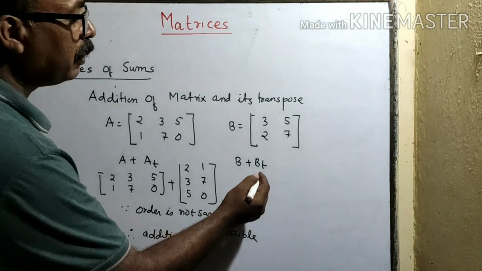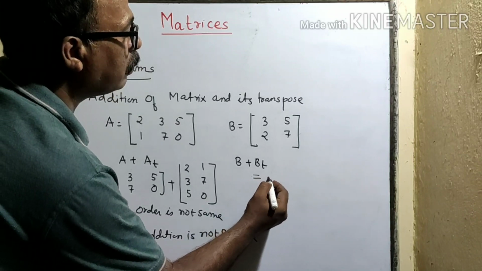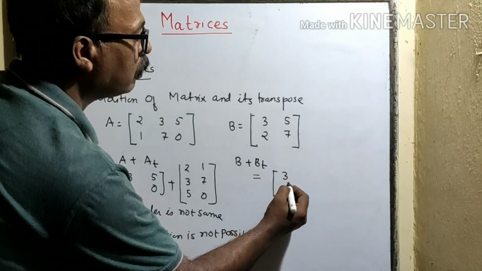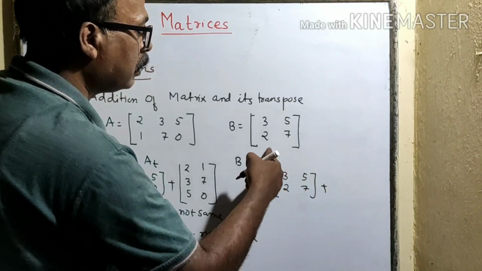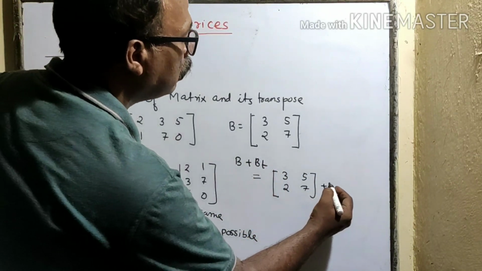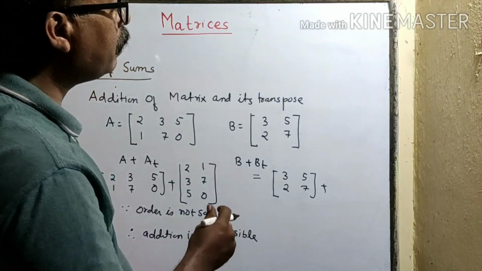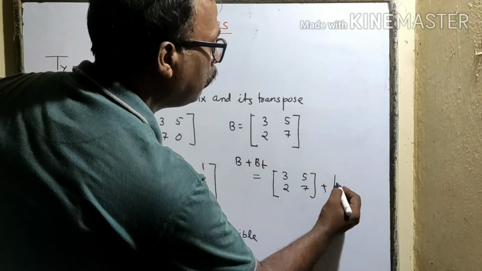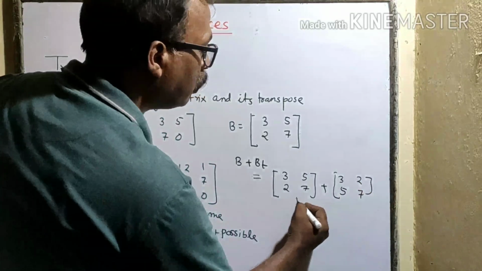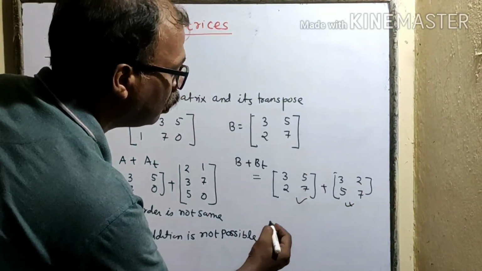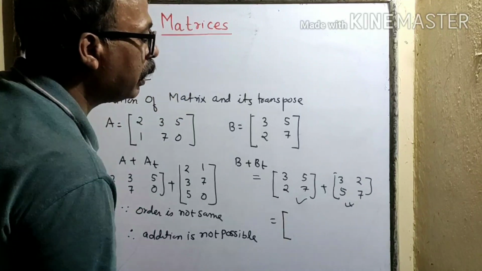Whereas if we are writing B plus BT, we have to find out, so we'll write 3 2 5 7 plus BT will be equal to how much? Column will become row and row will become column, so it will be 3 5 and 2 7. Since the order here and the order here is same, next step we will proceed, we will get the result.